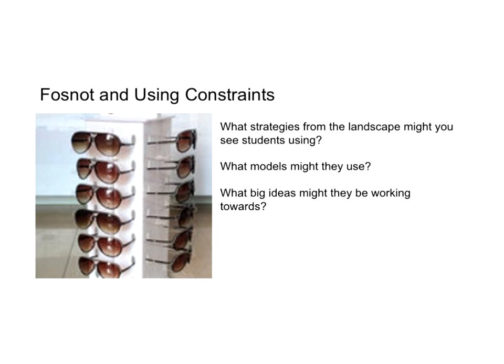I don't think we'll do it now. But one of the things I learned from Fosnot is this idea of providing students with constraints. What she means by that is that if we want kids to move from counting by ones, we have to give them images where they can't do that.